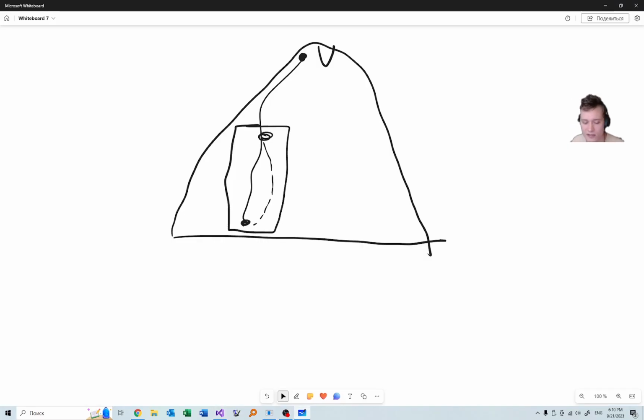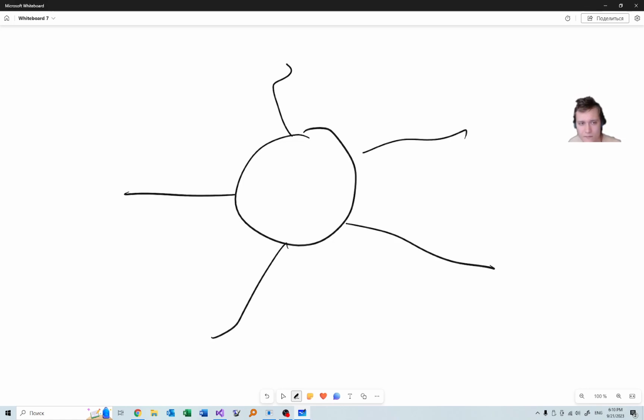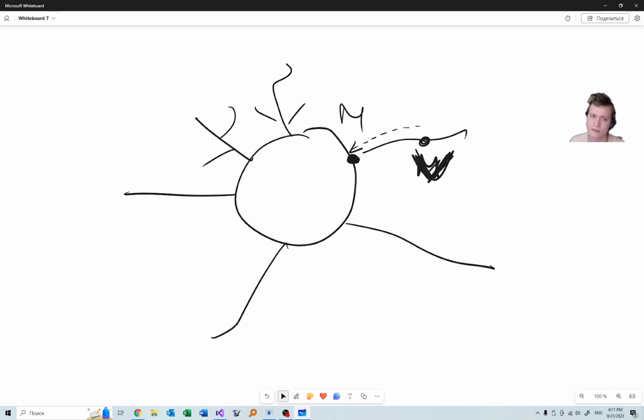So the graph looks like this. There is a cycle and there are several trees coming from it. So what Valerio needs is to visit this vertex before Marcel does it.